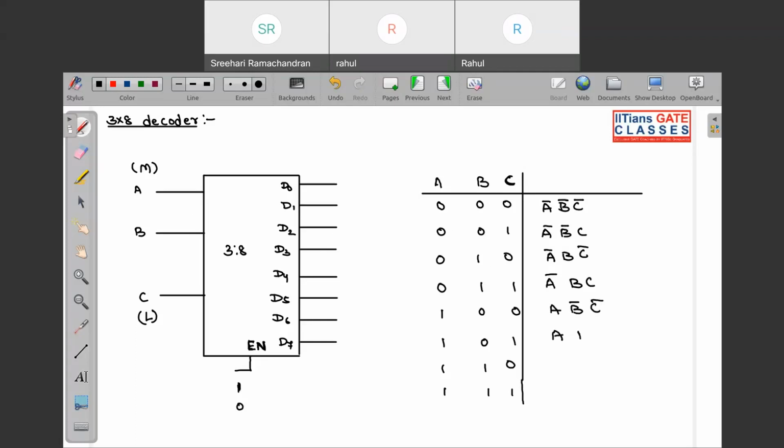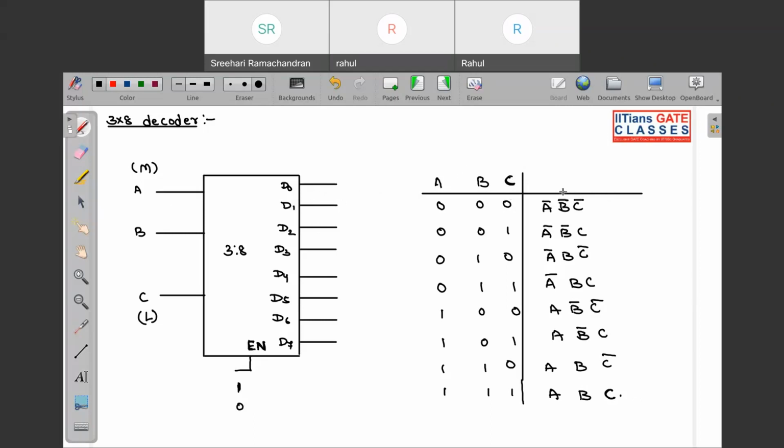This will be A, B complement, C. This will be A, B, C complement, and the last one will be A, B, C. So here you can see that we are making minterms. Out of the 8 output lines, only one is selected, and we are passing this minterm through that output.